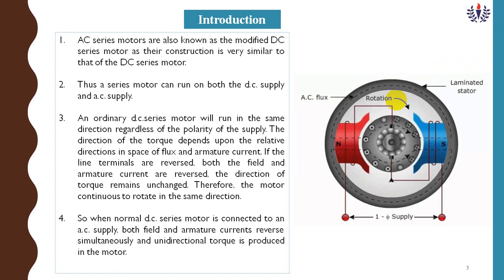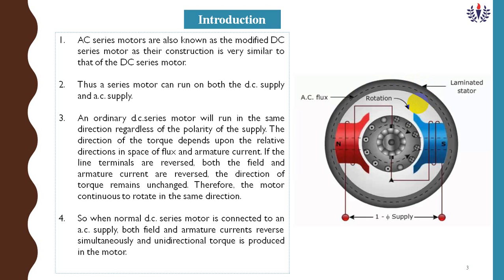When a normal DC series motor is connected to AC supply, remember the basic concept of DC motor: there are two parts, the field winding and the armature winding. Here, instead of DC supply, we are giving AC supply to the machine. Once you give the AC supply, both armature and field current reverse simultaneously.